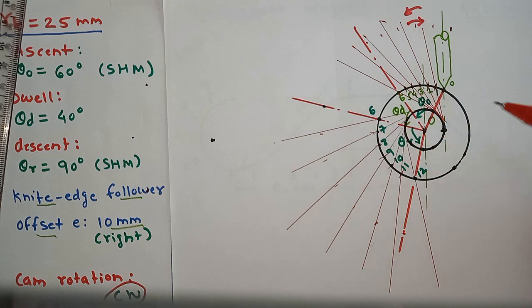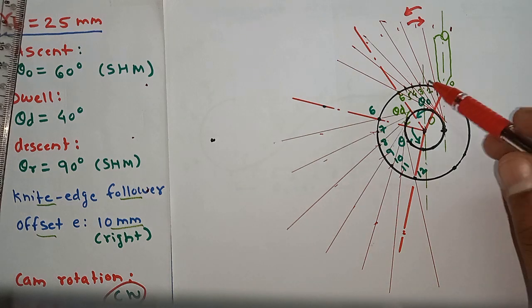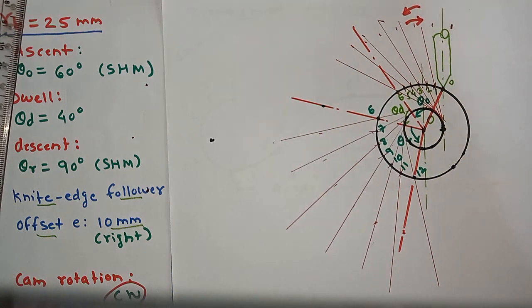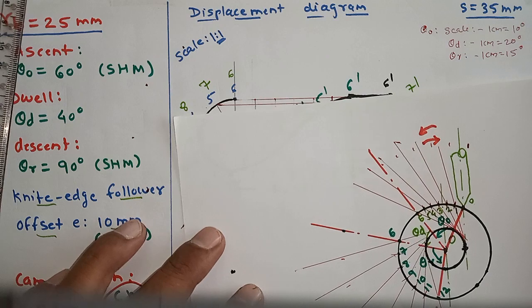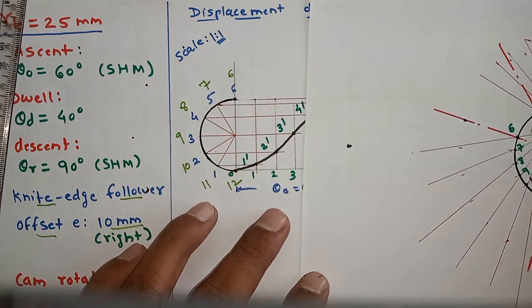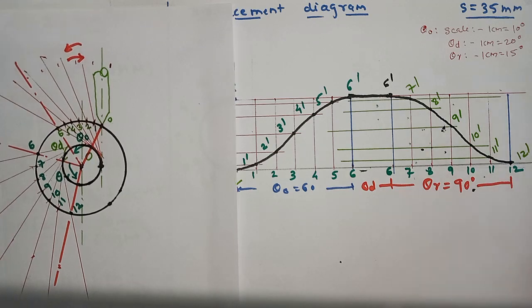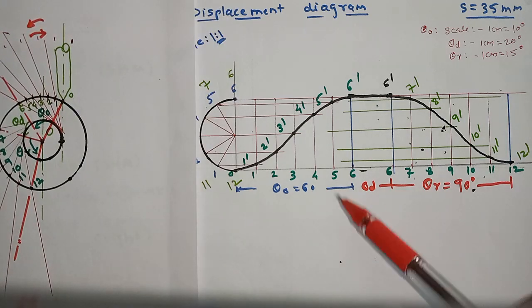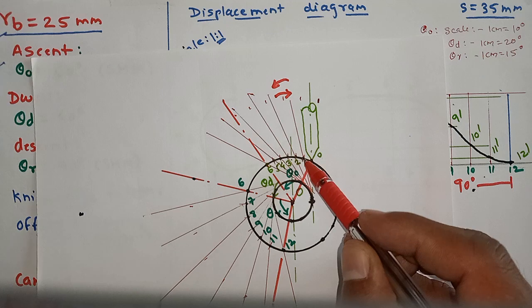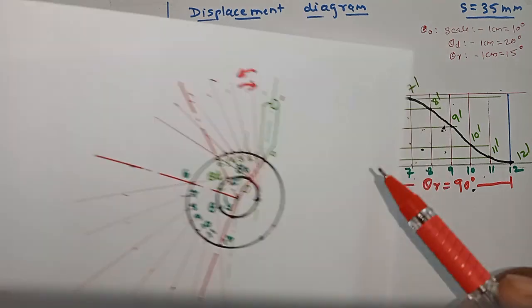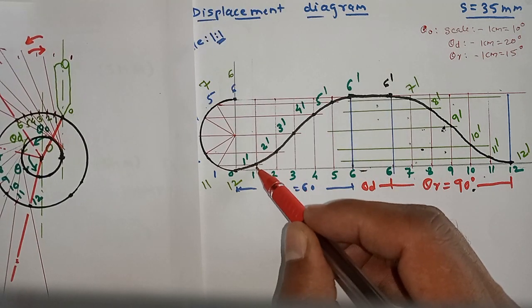Okay. Now in the next step we will plot the displacement of the follower at all these instances from the displacement diagram. So let us check. When the follower is at point number 1, its displacement is 1 to 1 dash.